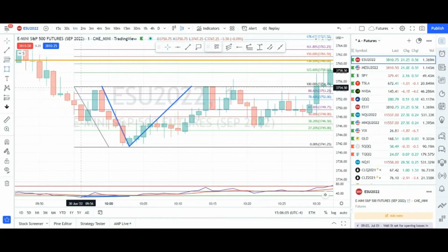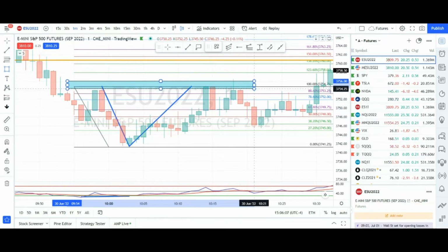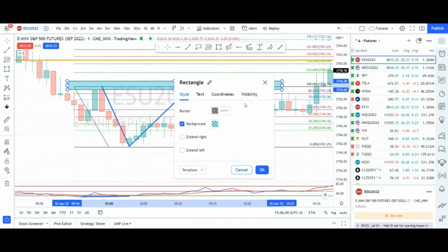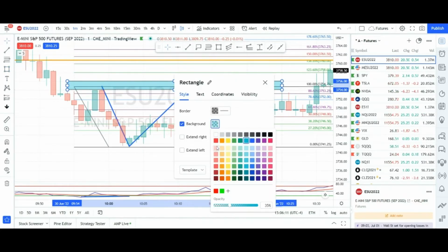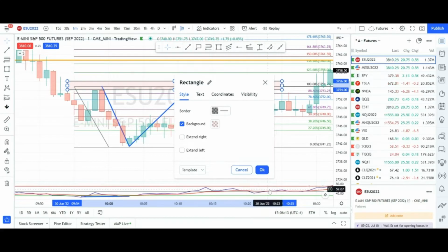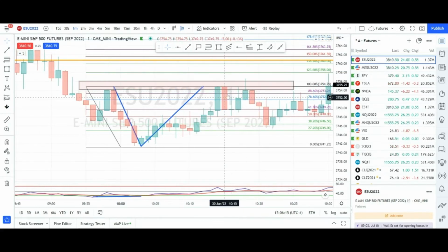If you see, it is again over the resistance area. This candle broke the resistance but didn't close above this area. Price came down to test again.